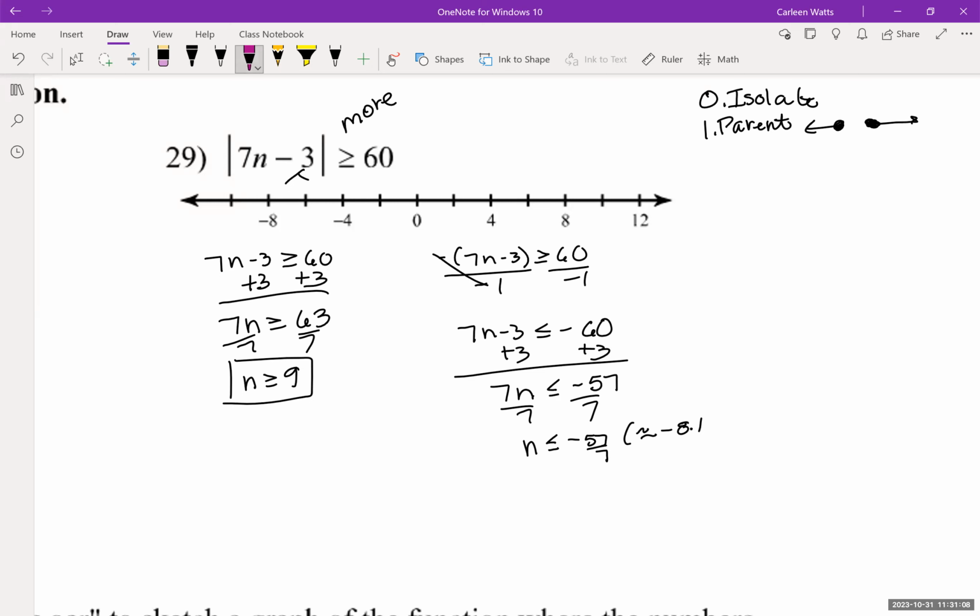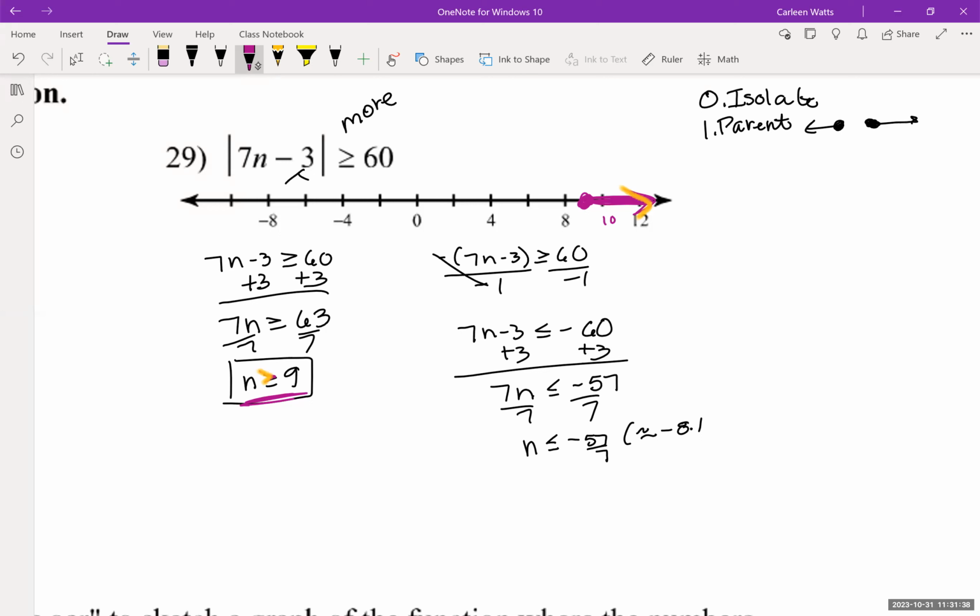So let's see. Greater than or equal to 9. Oop, this is 8, this is 10, 9 is right there. I hate it when they do that. Greater than or equal to 9. Do we see that this greater than sign matches the arrow? Greater than matches the arrow. Kind of nice.